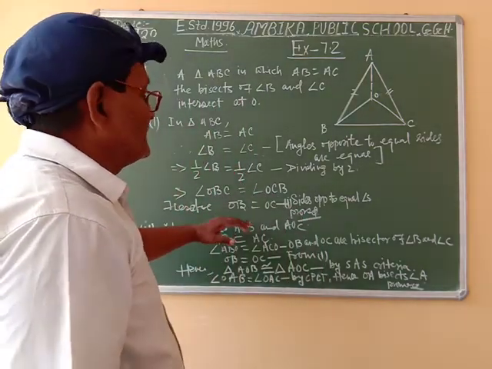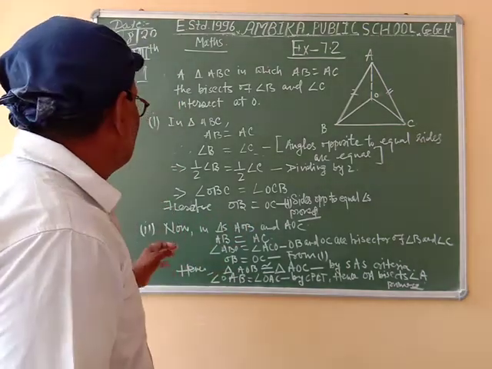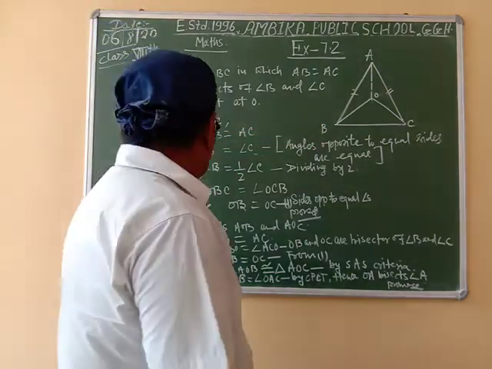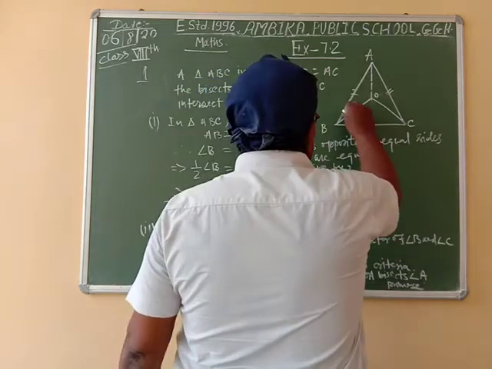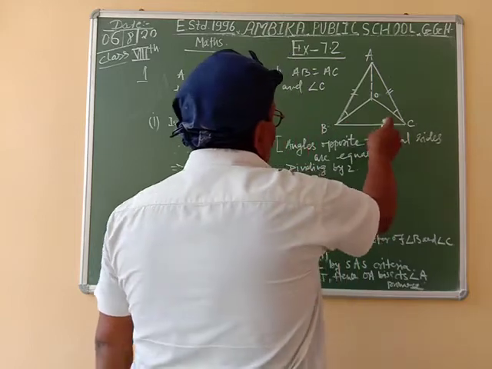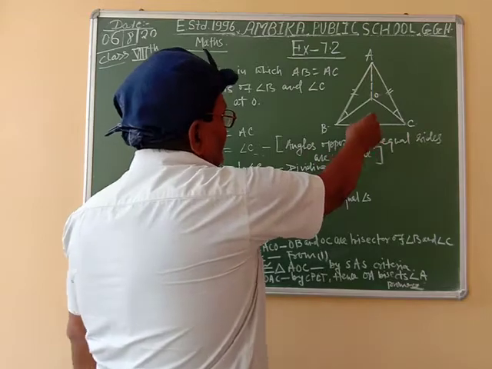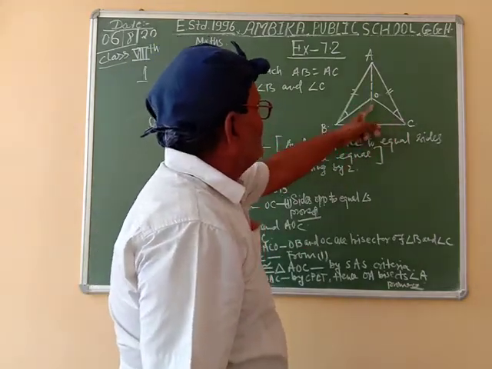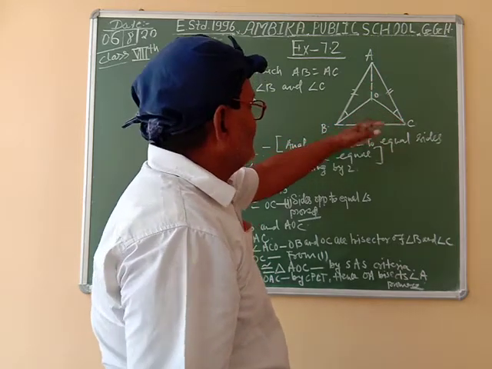So the first part of this problem is solved. In the second part, in triangles AOB and AOC, AB equals AC, given. Angle ABO is equal to angle ACO because OB and OC are bisectors of angle B and C, and OB is equal to OC, which I have just proved.